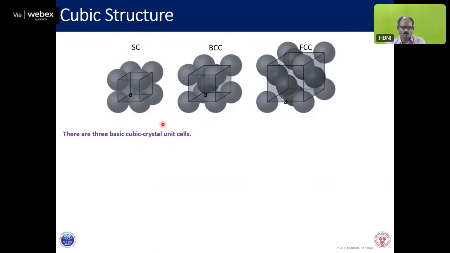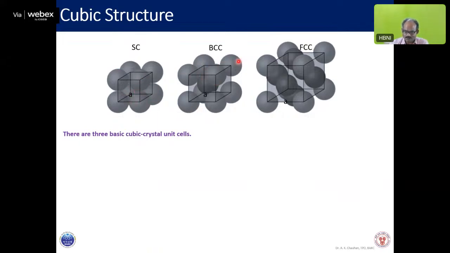If we make them solid or freeze them, in a simple cubic there will be 8 atoms at the corners, and if you join the centers, you can draw a cube where each side will be a and the angles will be 90, 90, 90.